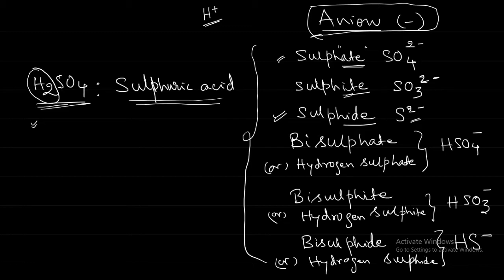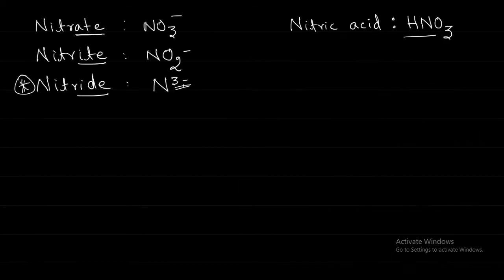So you have studied valency, no? Nitrogen, N3 minus, we are writing. If I want to add hydrogens, H plus, to remove these 3 negative charges, how many hydrogens can I add? Three hydrogens.